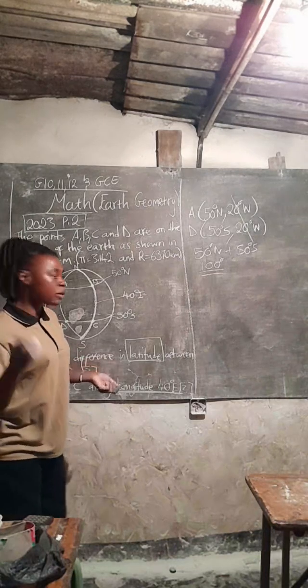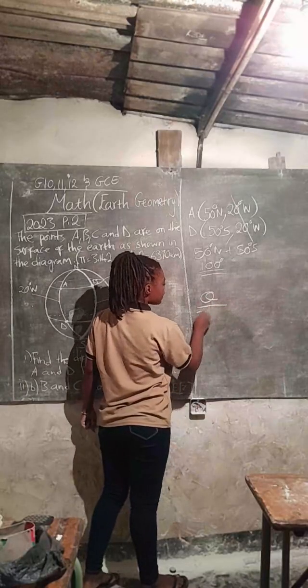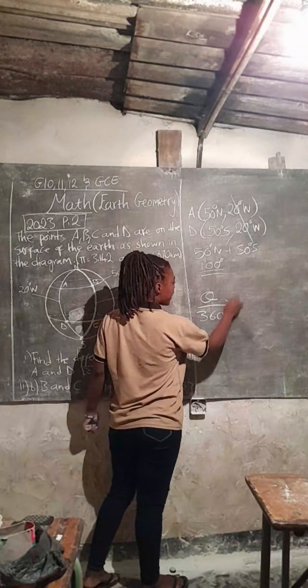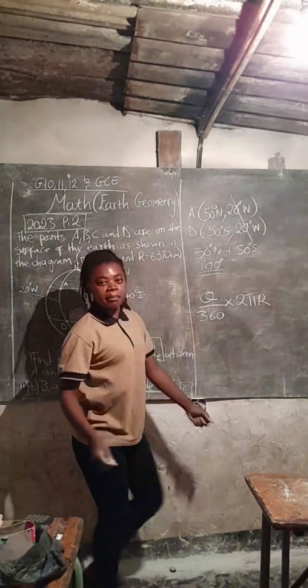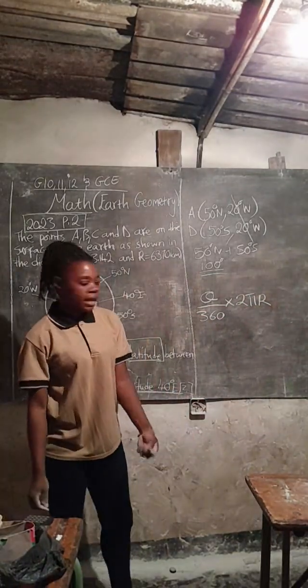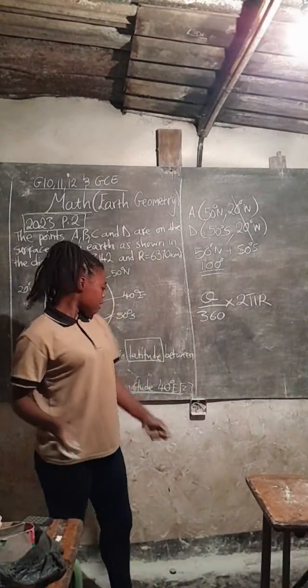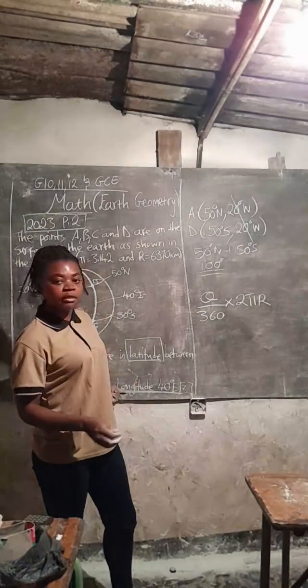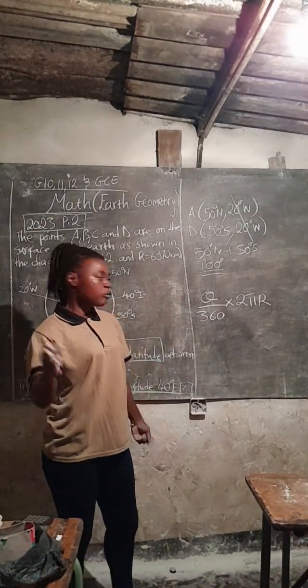And what is the formula for the great circle? We said that this is simply theta over 360 times 2 pi capital letter R. Remember, if you don't know where these things are coming from, theta, I said it is a difference in latitudes. In this case, it is a difference in longitudes. And 360 is part of the formula.